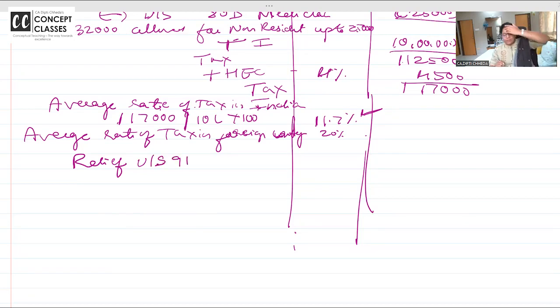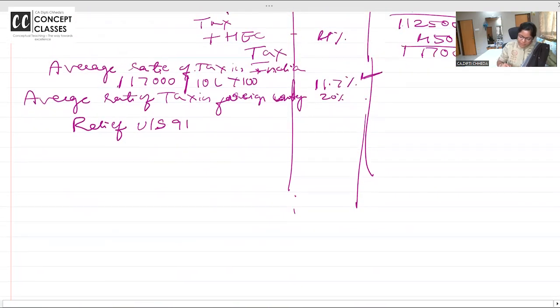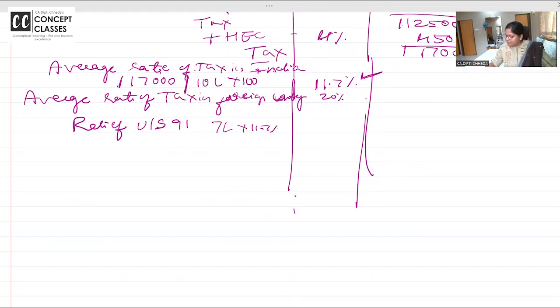Those who have joined late, I have already done deductions in the beginning. You should know deductions to do this chapter and non-resident also nicely. Relief under 91 is the lower of the tax rates on the foreign country income. So foreign country income is 7 lakhs और उस पे lower tax है 11.7%. उतना relief दे दो.